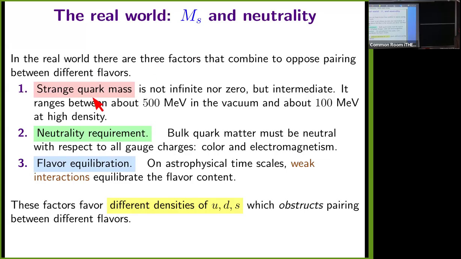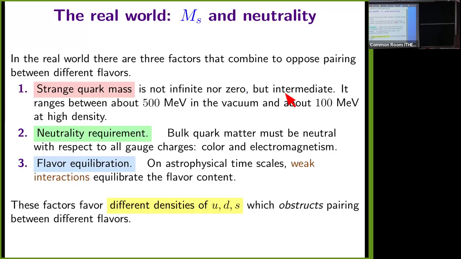So the strange quark mass is not zero, which is what I was assuming on the previous slide to get the color flavor locked pattern. And it's not infinite, which would be another nice limiting case where you could just ignore it and say we have two flavors, and we look at two flavor pairing patterns. It's right in the middle where you kind of trip over it.